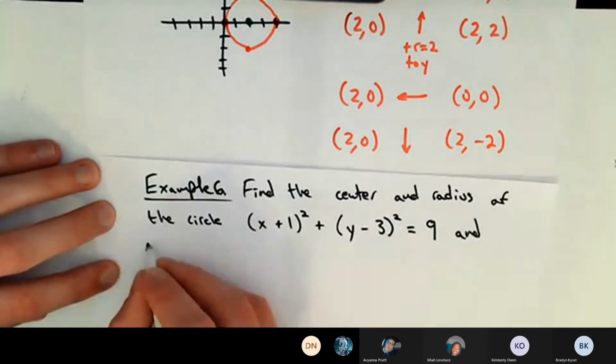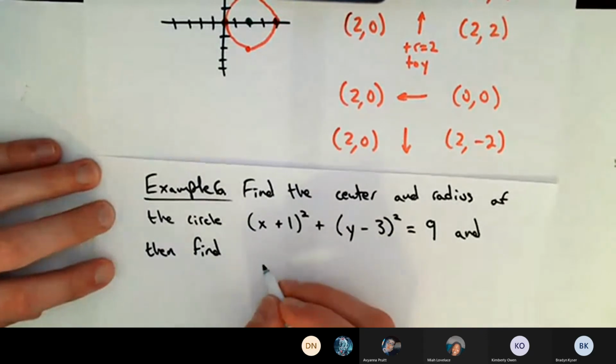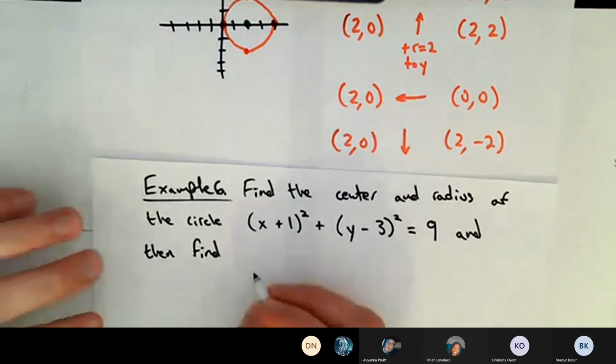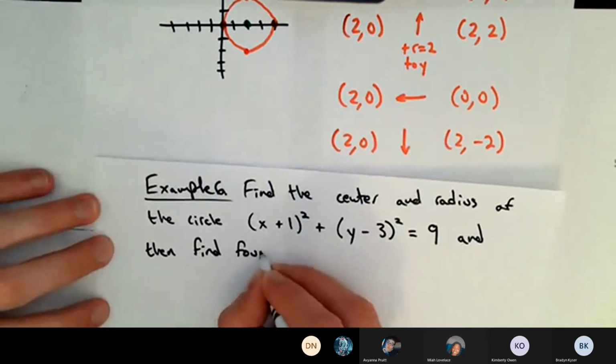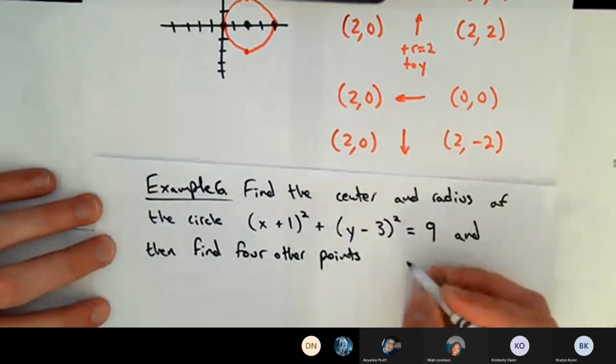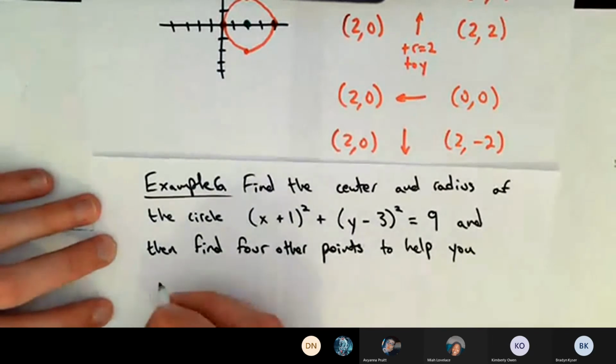And then find 4 other points besides the center to help you sketch a graph.